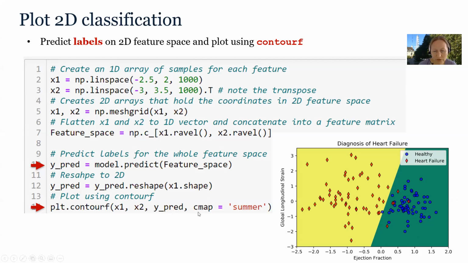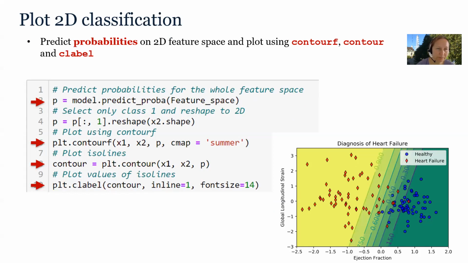We used the color map summer here, and this color map gives us yellow for high values and green for low values. So green will be label 0 and yellow label 1. The only tricky bit about this code is that we always have to ensure that we have the correct shape for either plotting or prediction. That's why we have relatively many lines of code to do that.